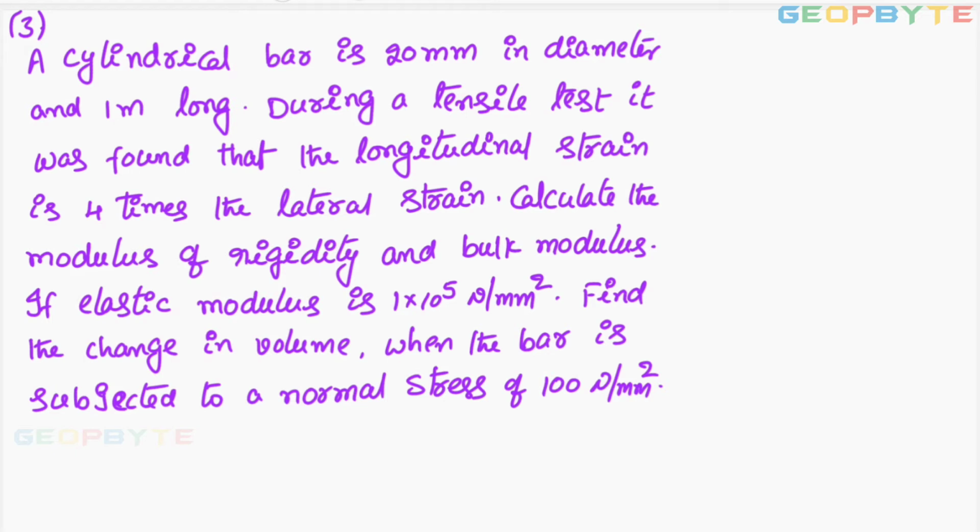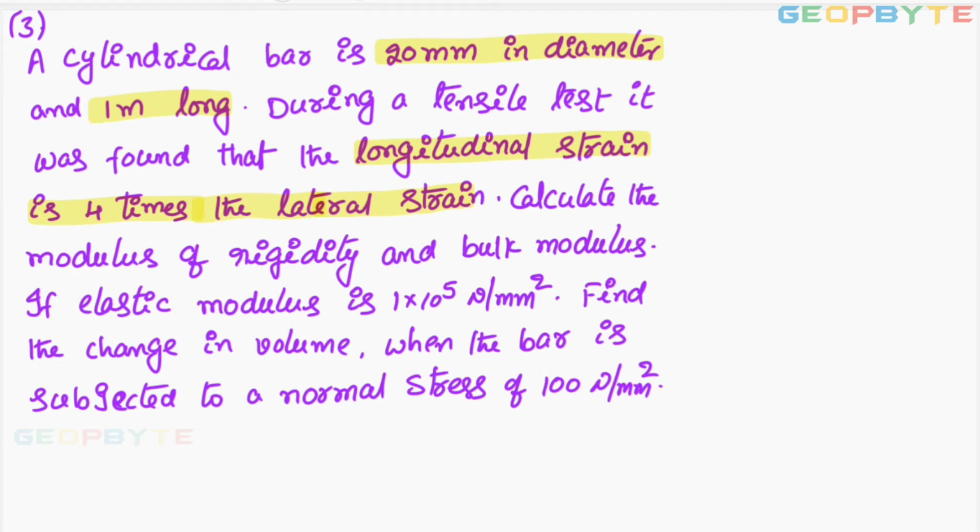A cylindrical bar is 20 mm in diameter and is 1 meter long. During a tensile test, it was found that the longitudinal strain is 4 times the lateral strain.